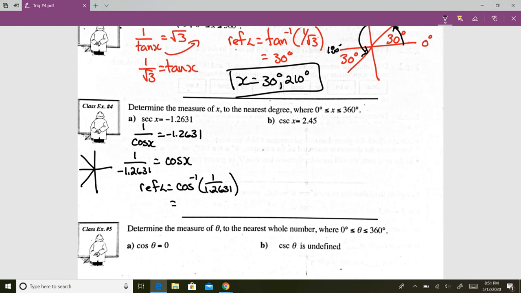You do that, it should spit out 38 degrees, which means this angle is 38, that angle is 38. So what does x equal? Well, whatever it is to rotate to there, which is 180 minus 38, which is 142. Then to get to this one here, it's 180 plus 38, which is 218.